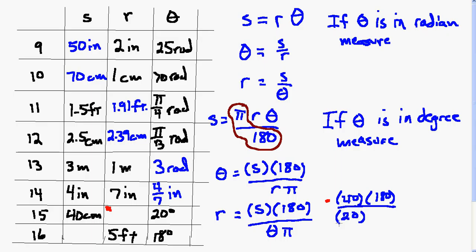So doing the multiplication, 40 times 180, dividing that by 20, and dividing that by pi, I come up with approximately 114.59. So that'll be 114.59 centimeters.